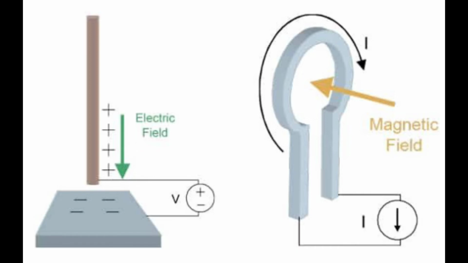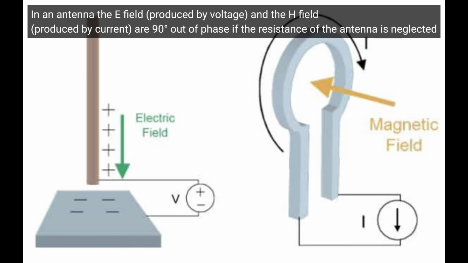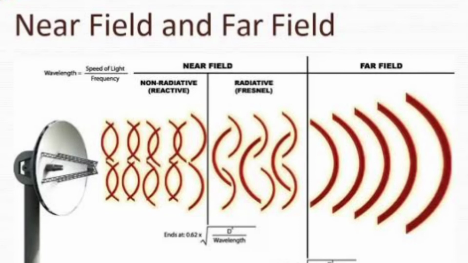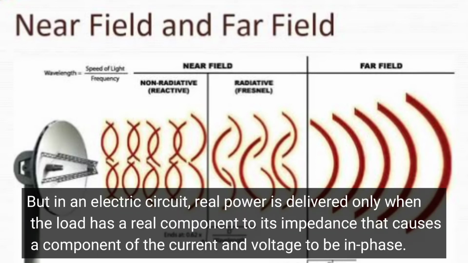In an antenna, the electric field and the magnetic field are 90 degrees out of phase if the resistance is neglected. But in an electric circuit, real power is delivered only when the load has a real component to its impedance. That causes a component of current and voltage to be in phase.